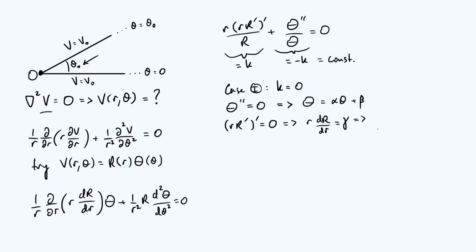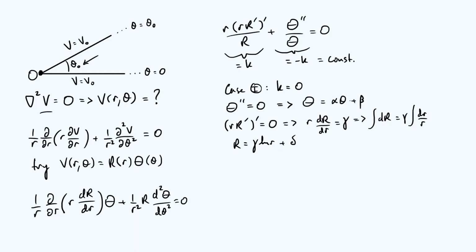All right, so keep the d big R on the left hand side, move the little r's to the other side, and integral of dr is gamma times the integral of dr over r, and that's a straightforward integral. You get gamma natural log of r plus another constant, which of course we are going to call delta. Note that I don't need modulus signs in my natural log because the radial coordinate r is positive by definition.